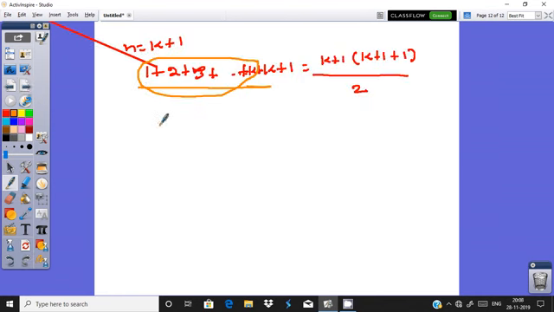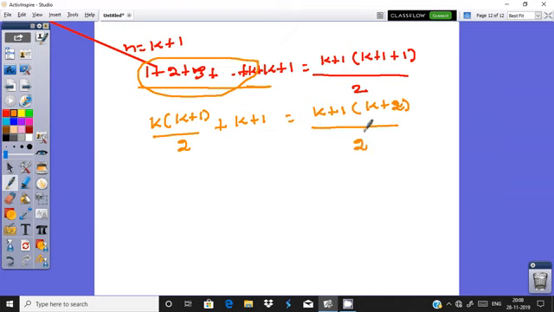So I substitute here k into k plus 1 by 2 plus k plus 1 is equal to, now we can rewrite this as k plus 1 into k plus 2 divided by 2. Now when you rewrite this, we can multiply by 2.